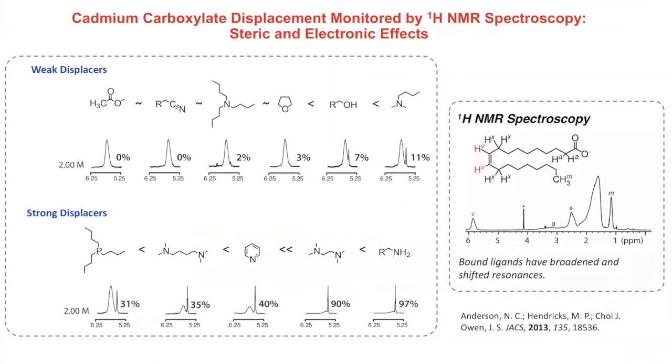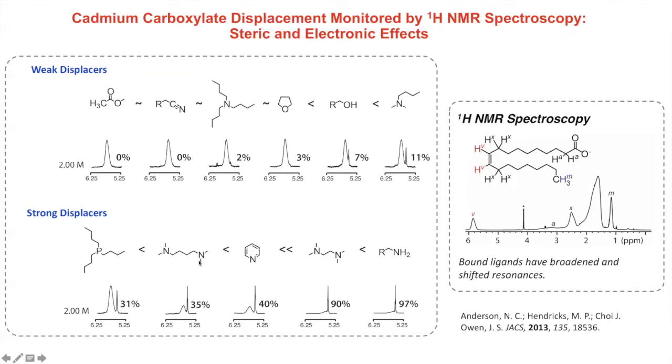Now, Nick went on to study this equilibrium and how it depends on the type of ligand that's used to displace the cadmium carboxylate. And he found some somewhat predictable trends. One is that relatively weak bases like THF and methyl acetate, nitriles, these types of ligands do not displace cadmium very well, but things like amines and phosphines, they do.